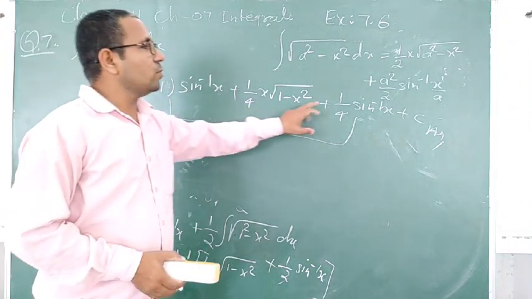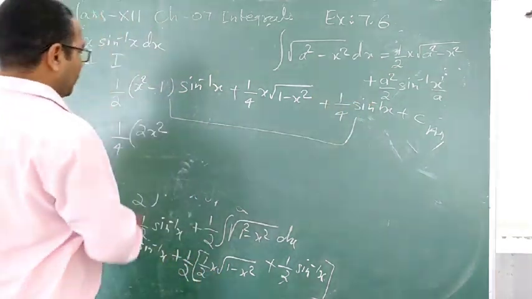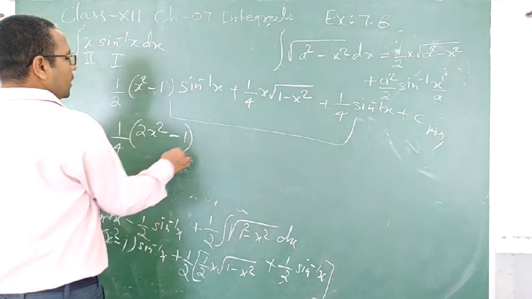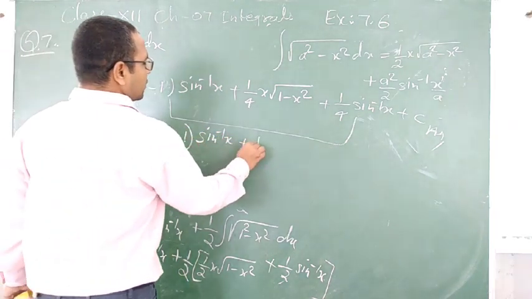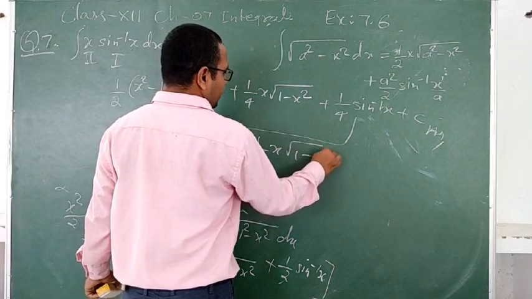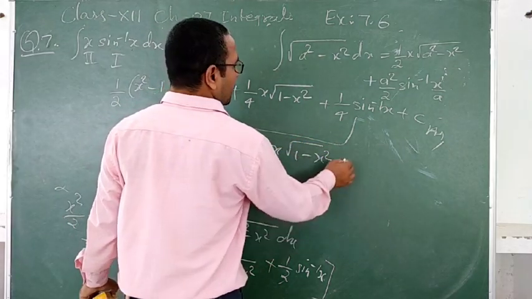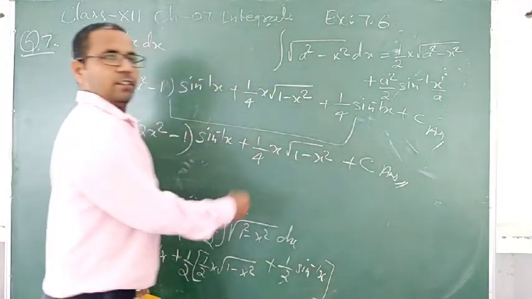So minus 2 and plus 1, we have taken common. Minus 2 plus 1 will give you minus 1. So sin inverse x plus 1 by 4 x root 1 minus x square, plus c. Put this much as the answer which is given in your book.